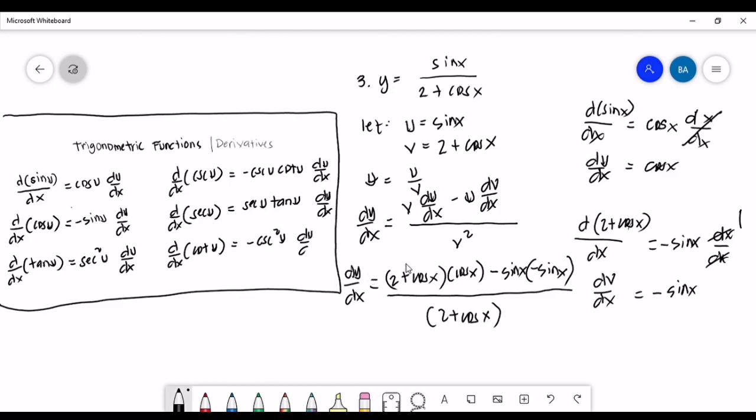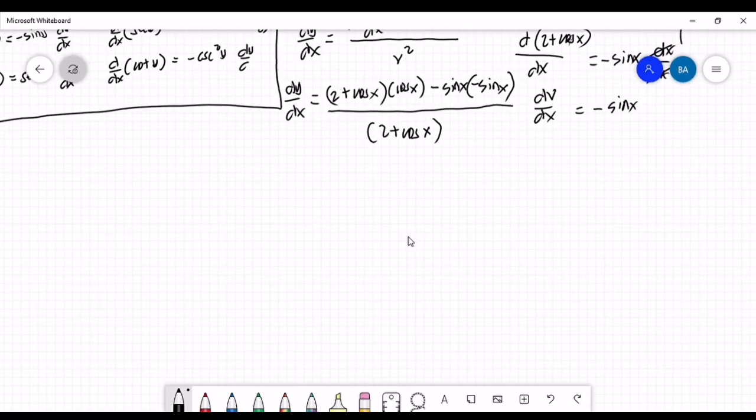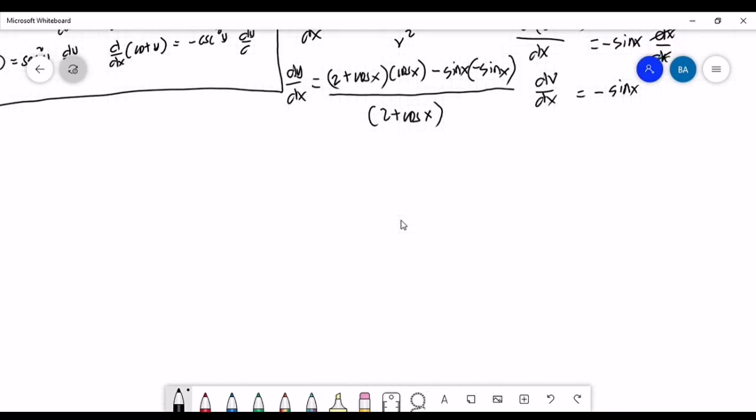So let's try to simplify this one. So our overall dy dx is equal to, this is 2, so let's try to apply the distributive property in here.